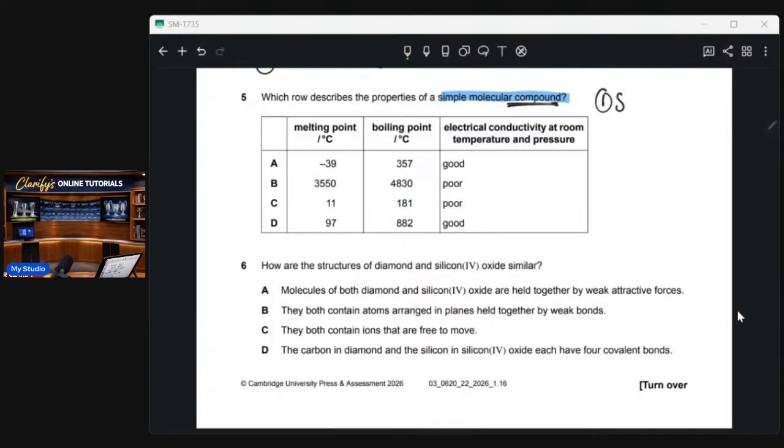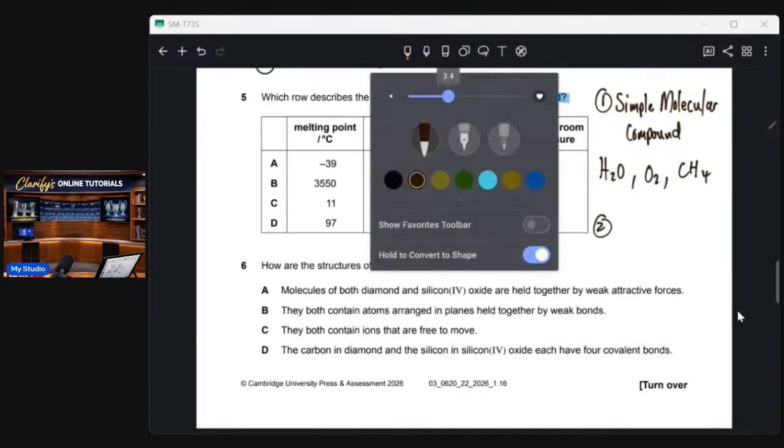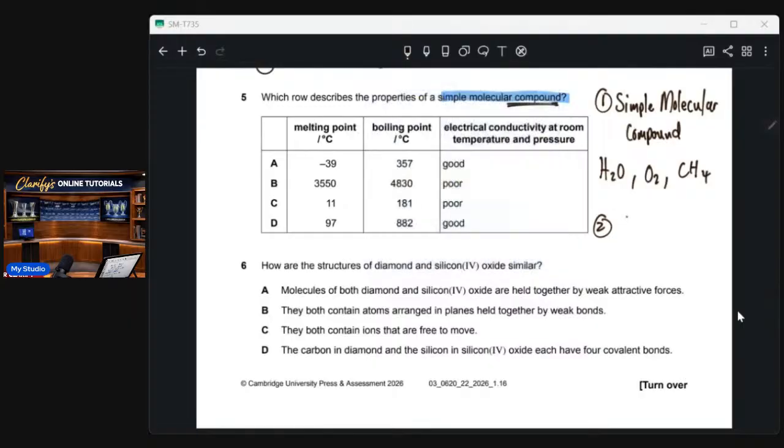They are also called simple covalent compounds, like hydrogen, oxygen, water. There is no metal there. Water, oxygen, methane, all these things.